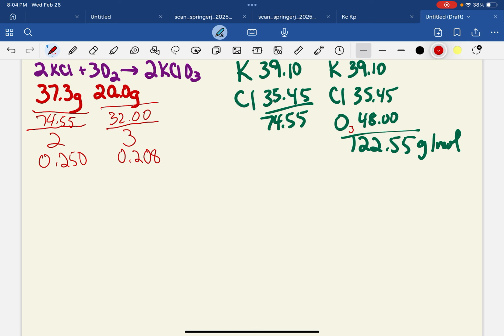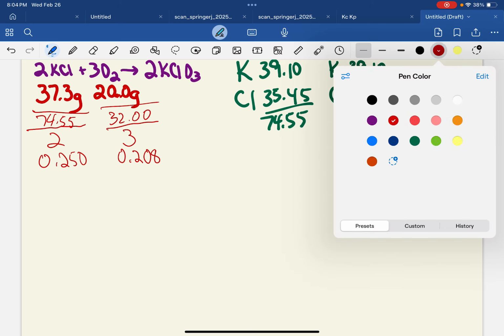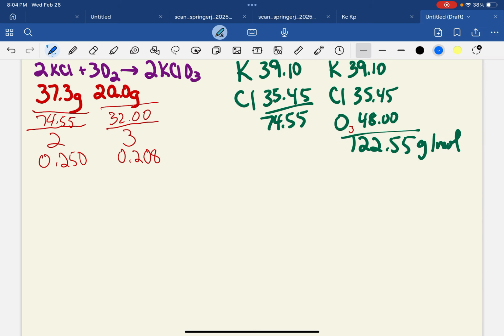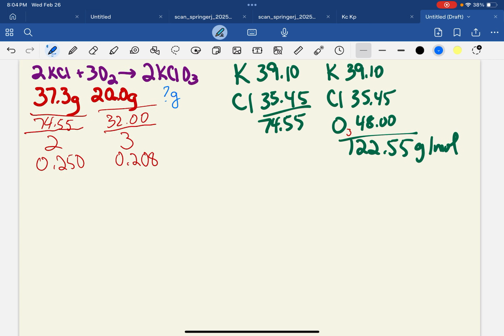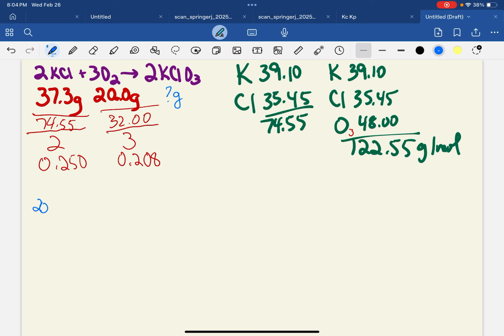So I will start with O2 and work this out to figure out how many grams of the KClO3 we can make. So 20 grams times 1 mole of O2 over 32.00 grams of O2.